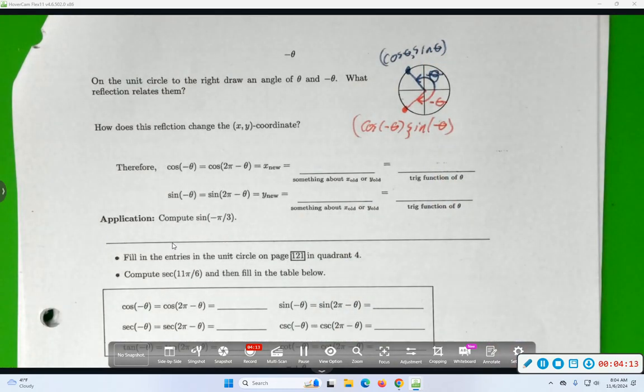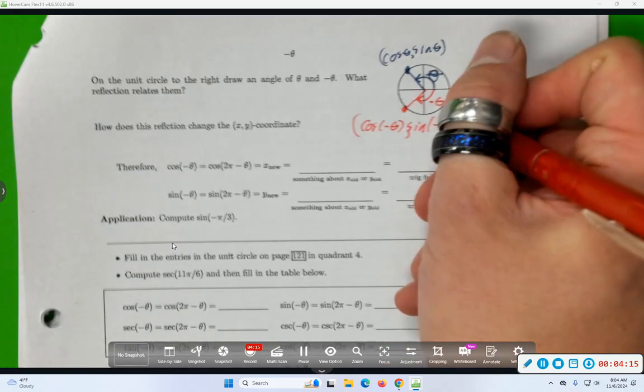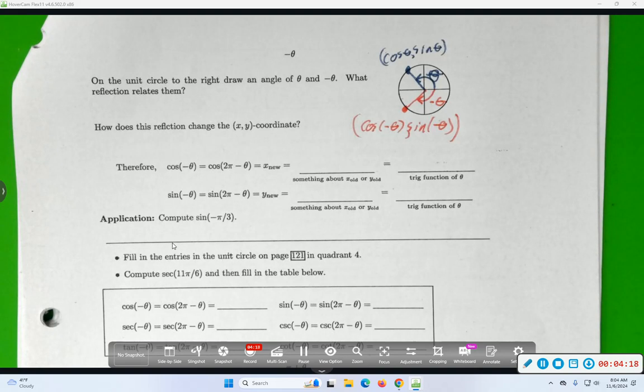Cool. So, take a look at that diagram. What symmetry relates the blue and the orange line? Now that you see them drawn, or just how do the x and y values change? How do the x values of those 2 points compare? Yeah, the x values stay the same. The y values are additive inverses to each other.